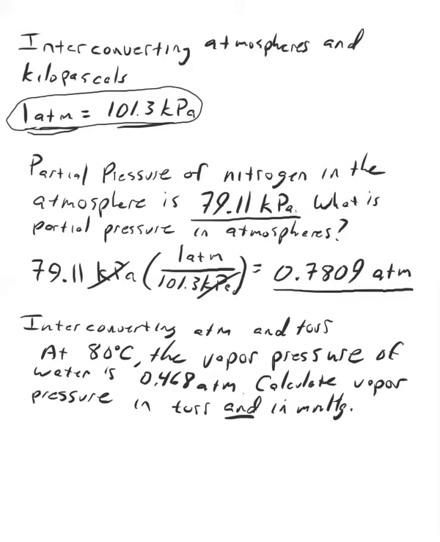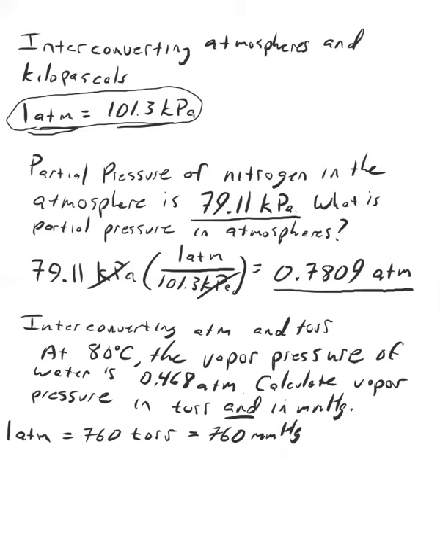Okay, do it in both. All right. Not a big issue, right? Not particularly challenging because again, we have this conversion factor, which is 1 atmosphere is 760 torr. But then again, it's also the case that a torr is a millimeter of mercury. So this is also equal to 760 millimeters of mercury. Okay.